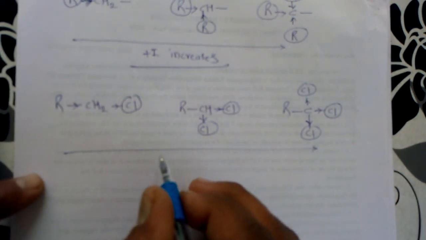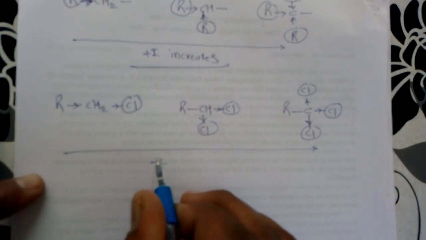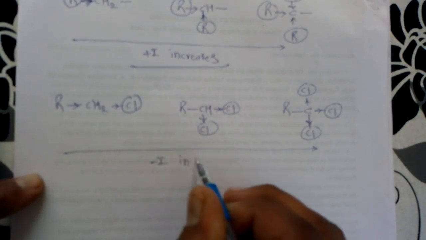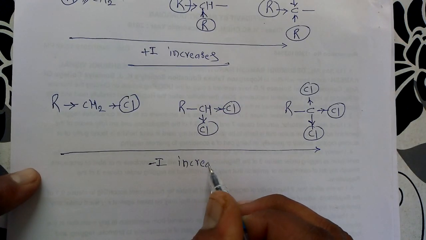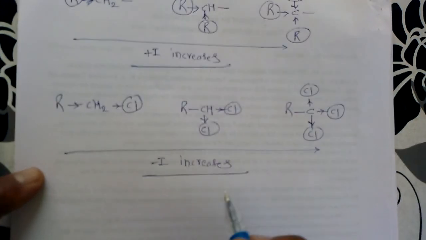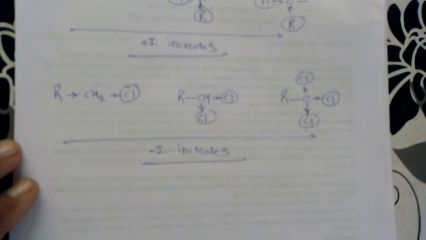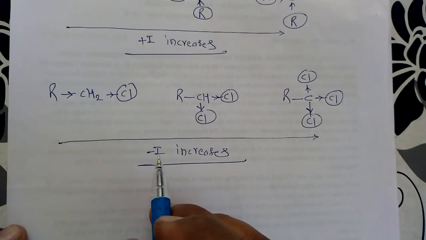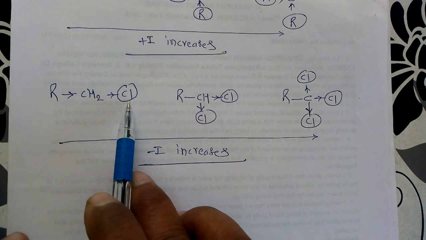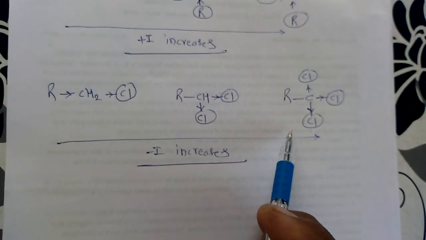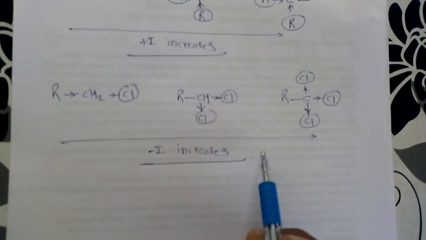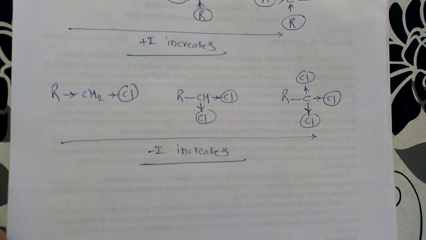So this is the third important factor for the minus I inductive effect. In this case, more and more electronegative atoms are added, and that's why the minus I inductive effect goes on increasing.